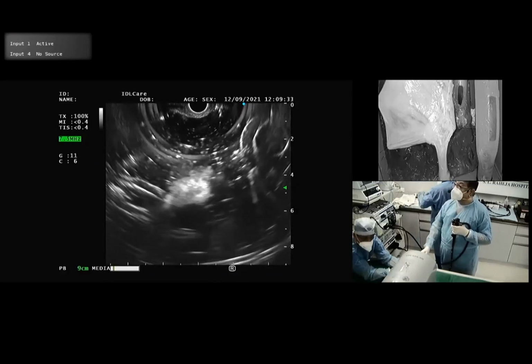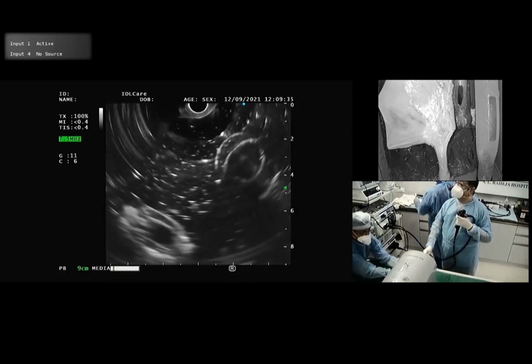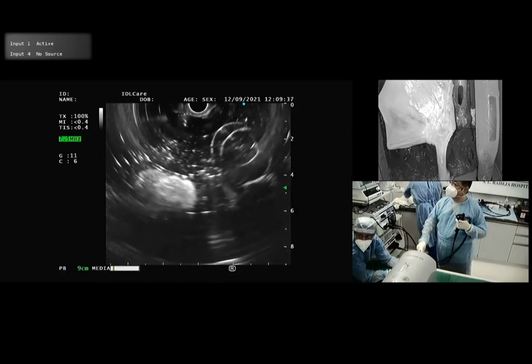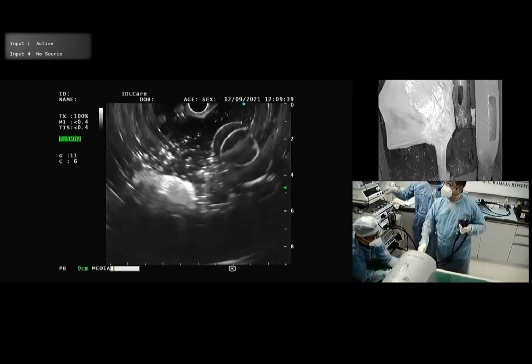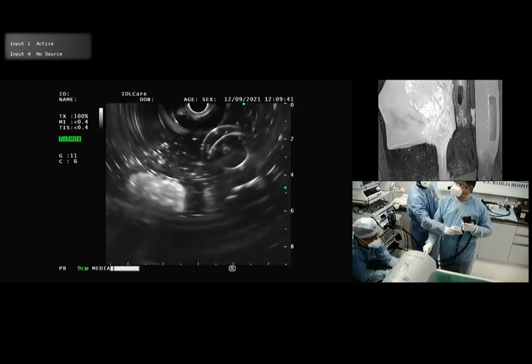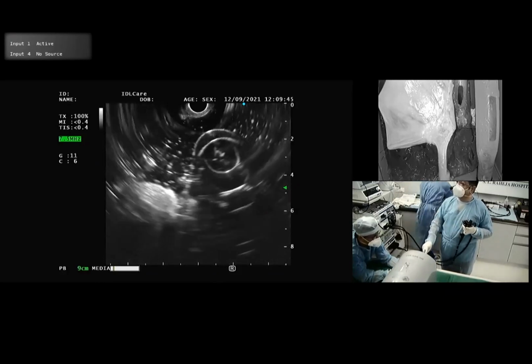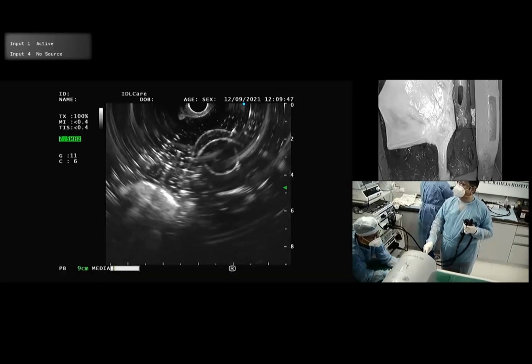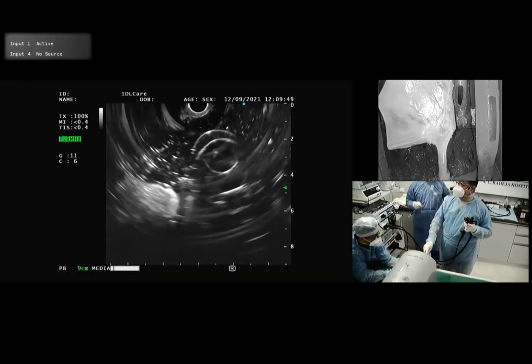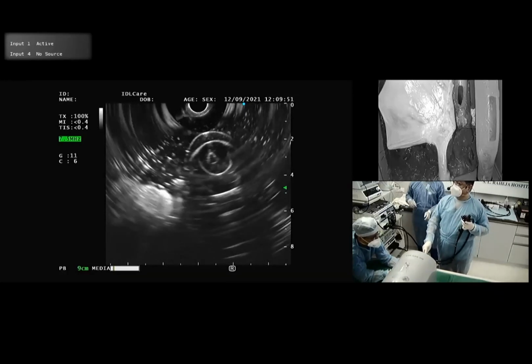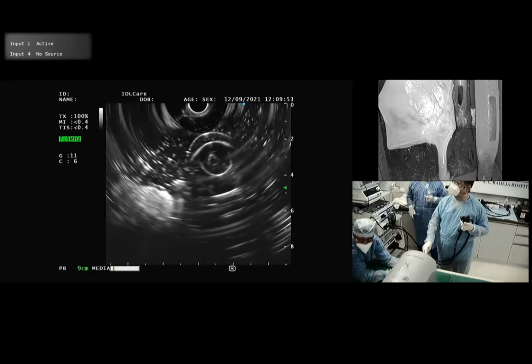Then, of course, you can see the bile duct here. See this? So you have to learn how to bring it in position first before you puncture. Then you have to check under fluoro. If you are using the fluoro, is your direction of scope all right? Are you looking toward the hilum or you are looking towards something else?